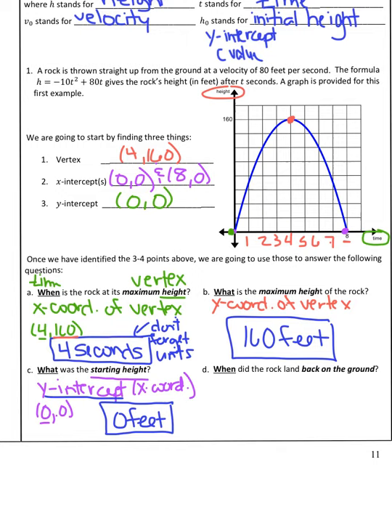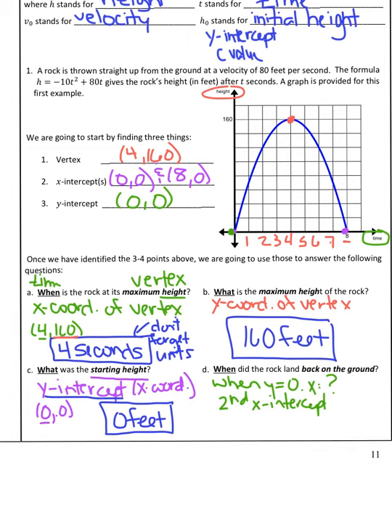And then D, when did the rock land back on the ground? We started on the ground, and then we had to go back on the ground. What we're looking for here is when y equals 0, x equals question mark. It's the x-intercept. We're looking for the second x-intercept in this problem.